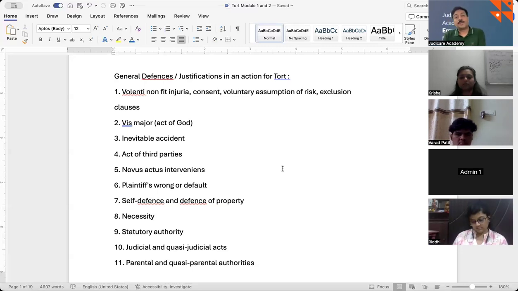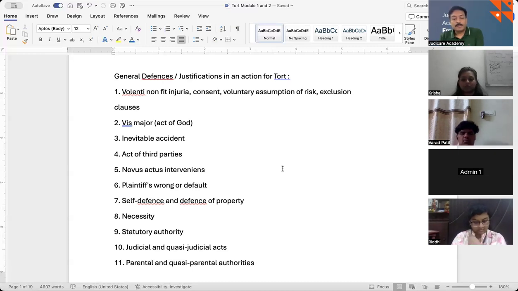While vis major, which is act of God, and inevitable accident, the next two and three, are good defenses based on factors beyond control. Both of them are beyond control, emphasizing the contextual nature of tortious liability. It's context based. The measurement is context based, it's unliquidated. Judicial and quasi-judicial acts reflect the protections afforded to individuals exercising their legal duties.